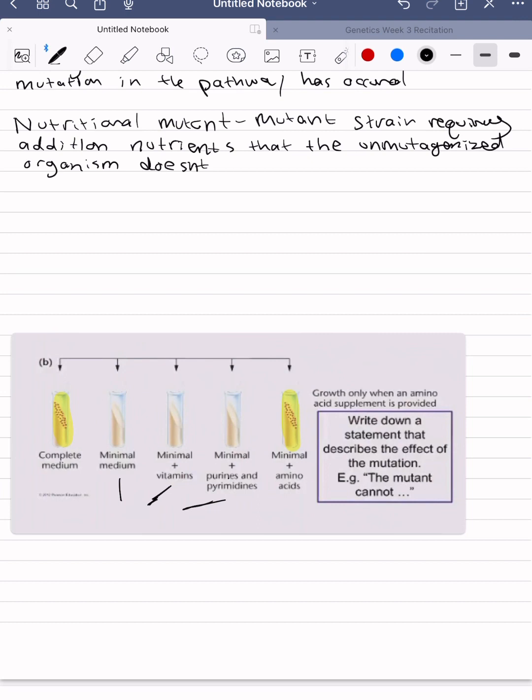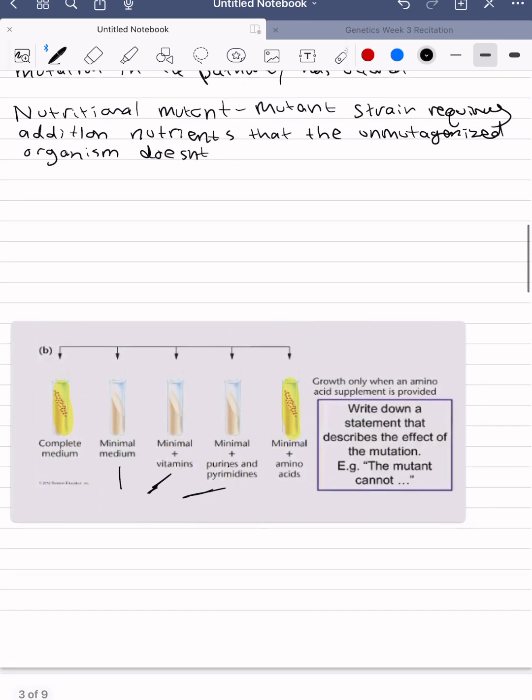And we can see that in minimal medium plus amino acids, growth occurred. So this tells us that the mutant must require amino acids in order to grow, and it's something that it cannot produce or convert from the other precursors.